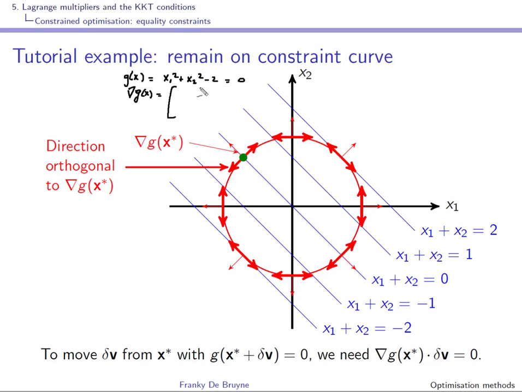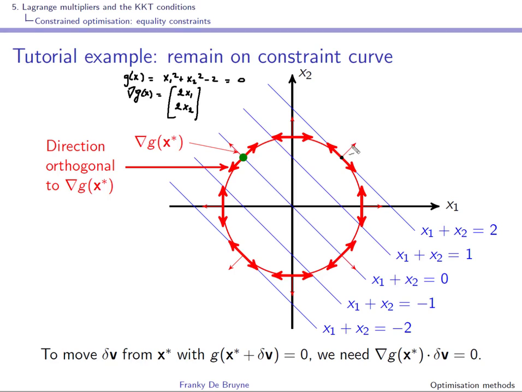We first compute the partial derivative with respect to x1. That's 2x1, so this is the first element in the gradient, and the second one is the partial derivative with respect to x2, so this will provide 2x2 over here.